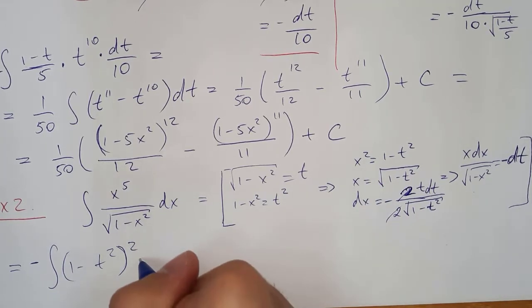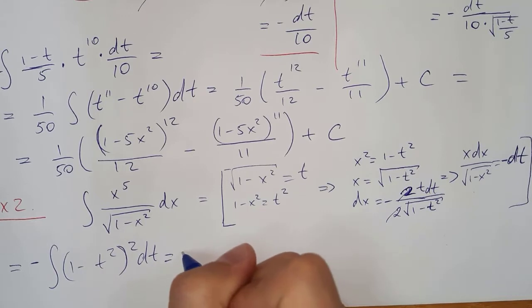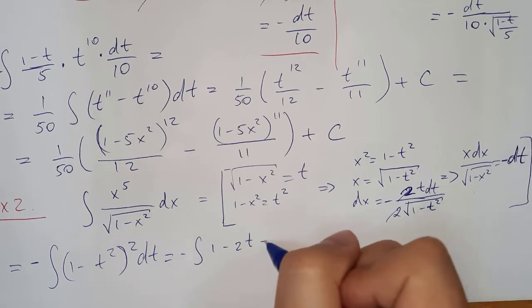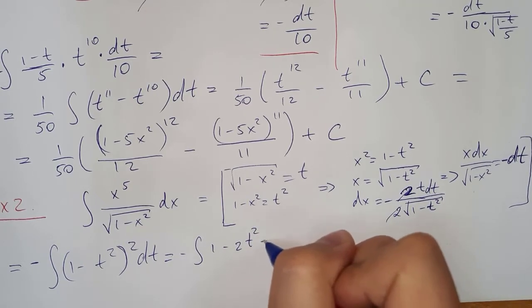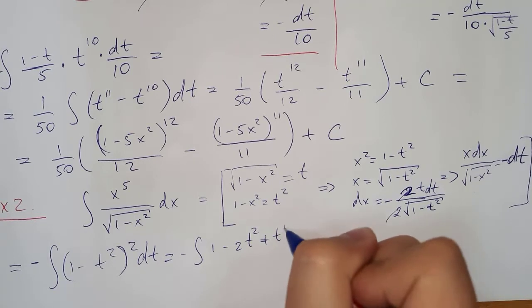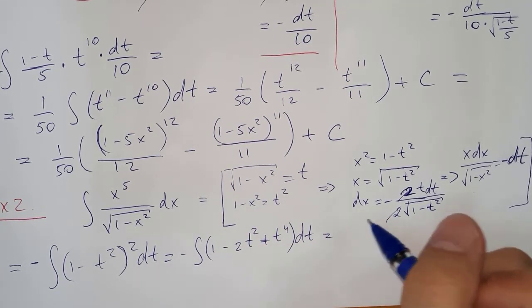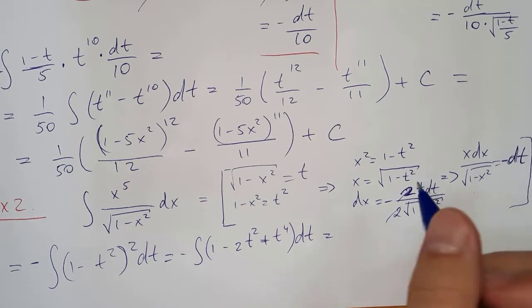And now with dt, let's open the brackets: 1 minus 2t plus t squared, of course, and plus t to the fourth, dt.